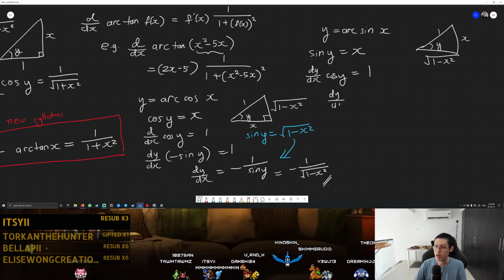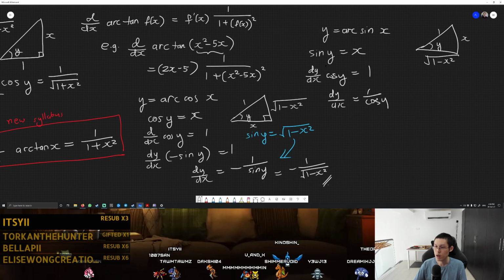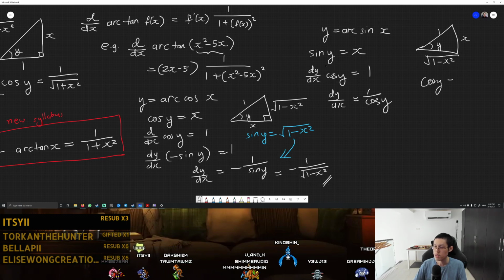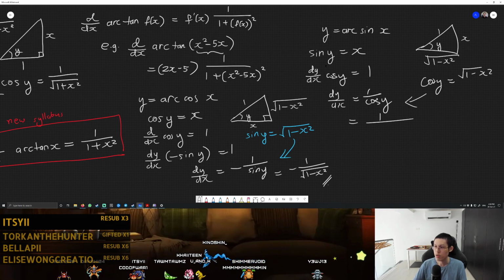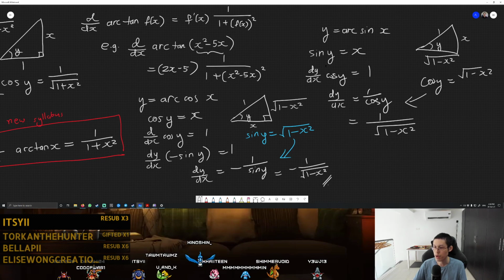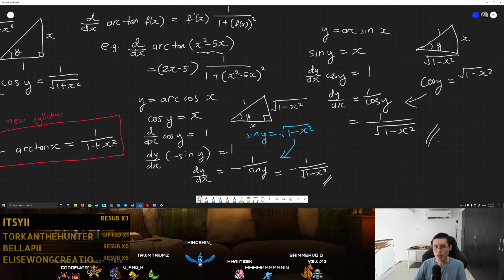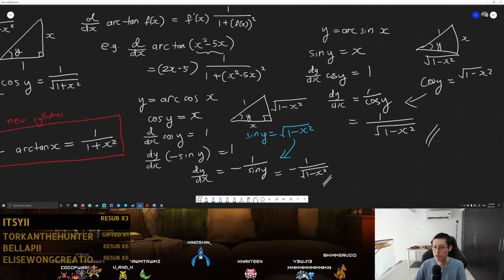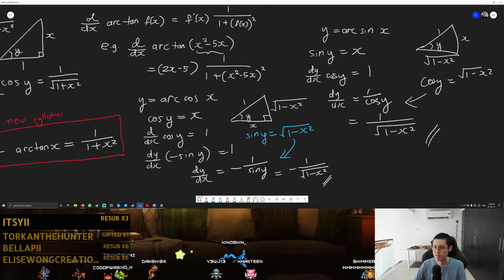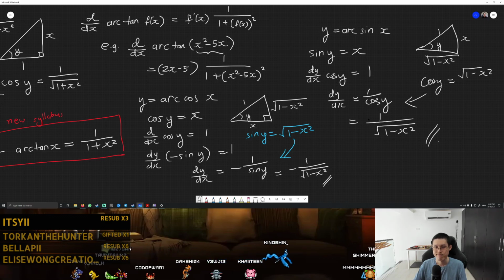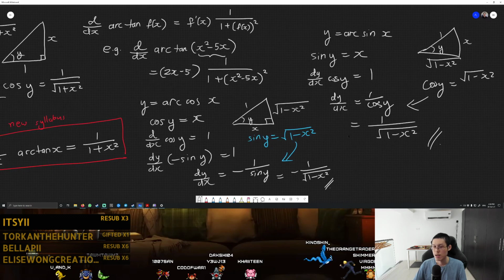So dy/dx must be 1 over cos y. Cos y based on this little triangle is going to be square root of 1 minus x squared. So we can chuck that in here, we get 1 over square root of 1 minus x squared. And done. The only difference between this one and this one is that this derivative has a negative. This one does not. Okay? There you go.